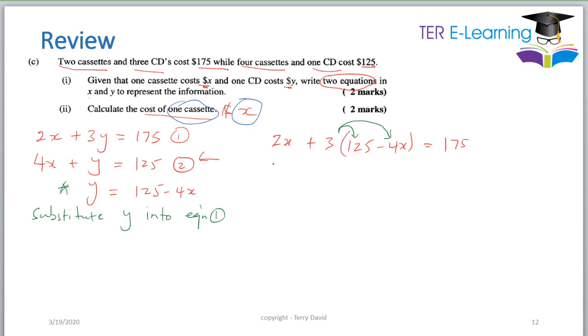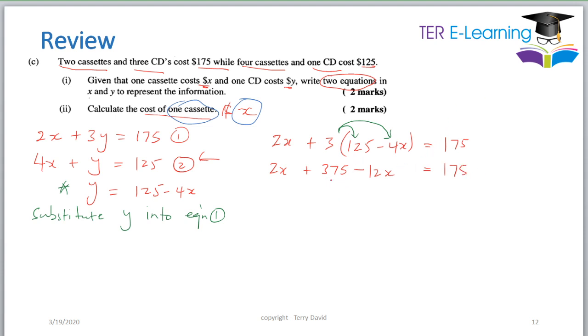So we can't do anything with the 2x, so leave that as is, and then we're going to say 3 multiplied by 125, right, which is 375. So this is 375, and then 3 multiplied by minus 4 is minus 12x, which is equal to 175, right?